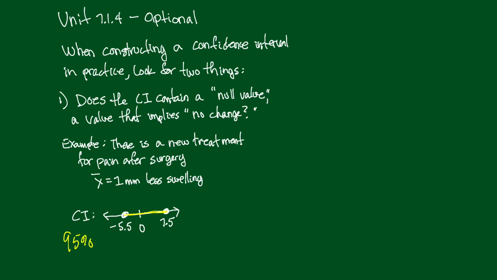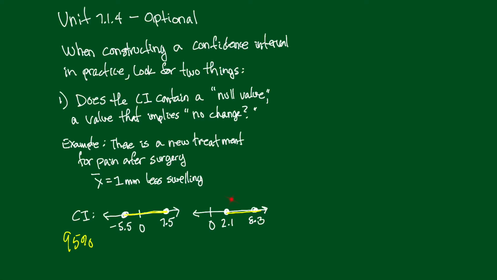So if your interval includes a zero or a null value, then you can reject this. The question is, does this new treatment actually help reduce swelling? Well, if it includes zero, probably not.